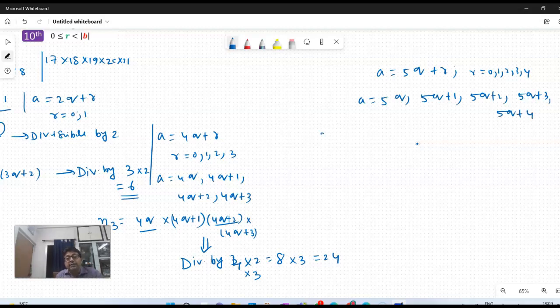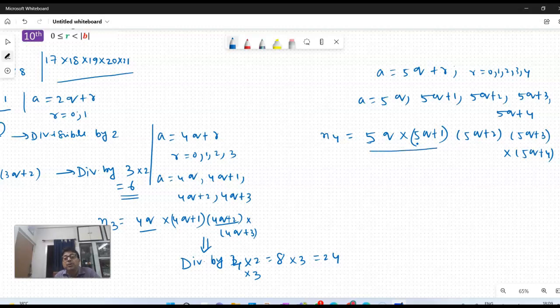So if we take n4 as the product of 5 consecutive integers, 5q into 5q plus 1, 5q plus 2, 5q plus 3 into 5q plus 4, then it is quite obvious that one of them has to be divisible by 5, which we were seeing by taking examples of 5 consecutive numbers. Here by Euclid's division lemma, it is always divisible by 5.